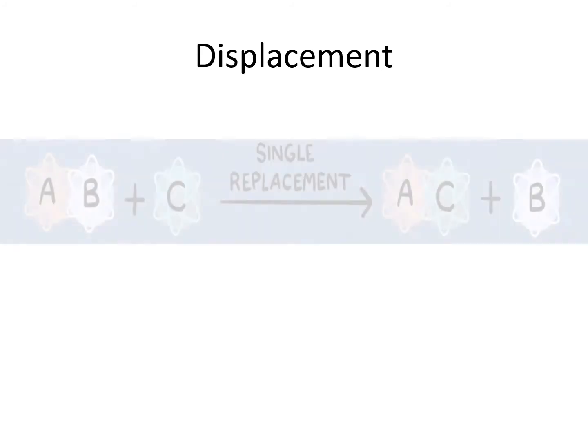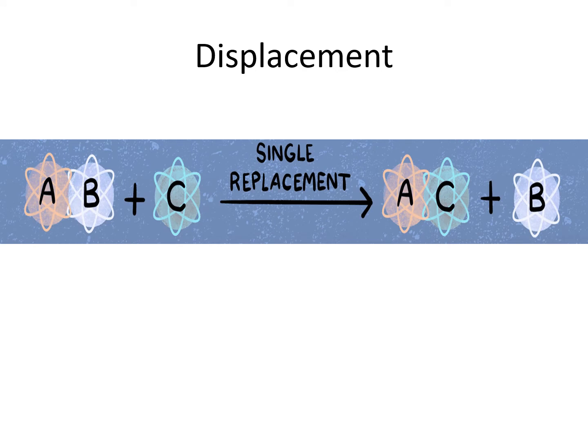Now going on to the next type, that is displacement reaction. Let's look at the representation. Here AB plus C gives AC plus B. If you look at the left hand side and the right hand side, the number of reactants and the number of products are the same. But if you look at what is happening to the reactant, you will understand why this reaction is termed displacement.